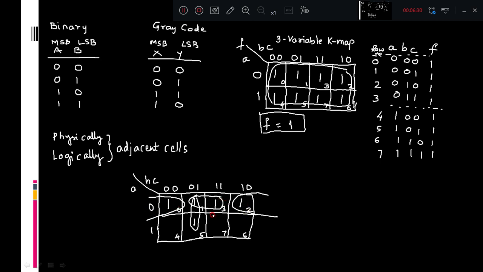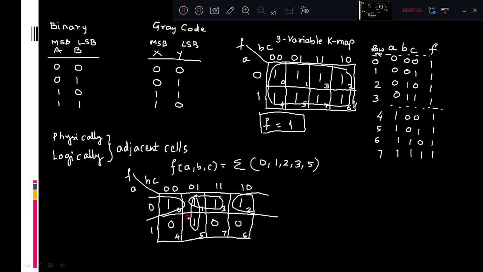So for this particular function I can write F, which involves A, B, C, 3 input variables. We can write 0, 1, 2, 3 and 5. So this particular function we have entered here and the remaining locations are 0.